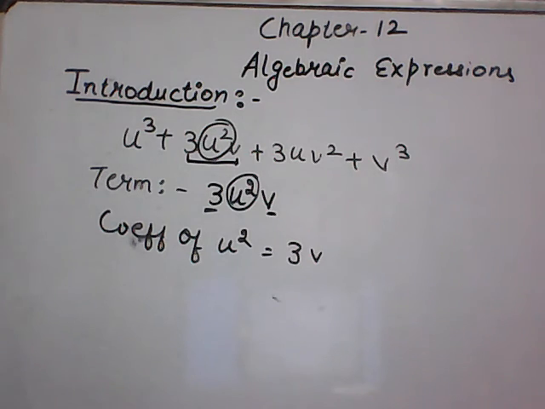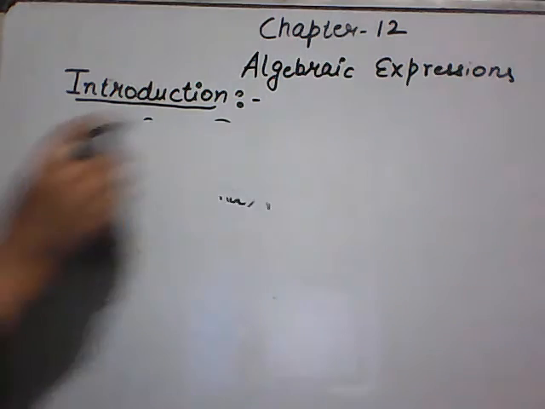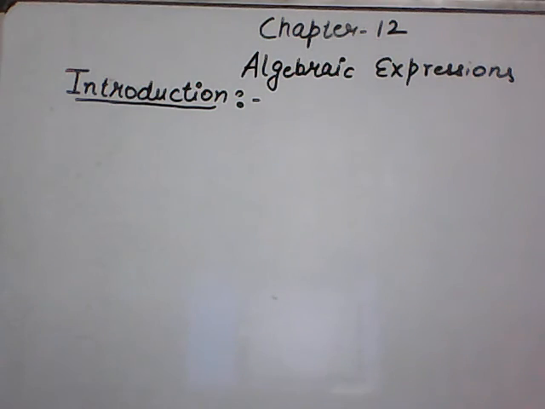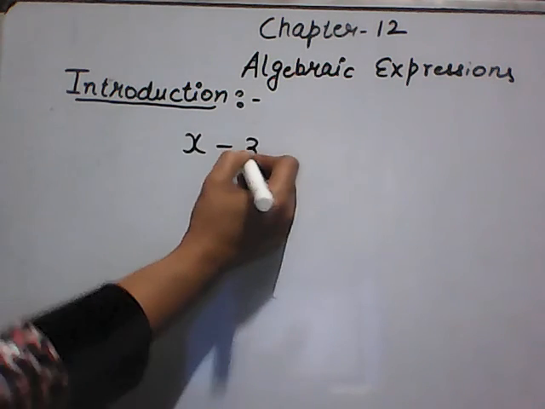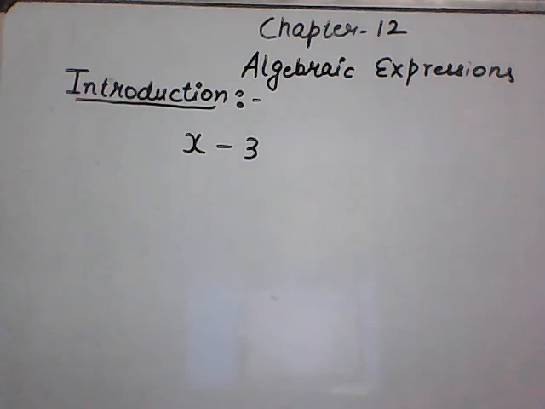In the next question some terms are given to you and you have to write down the factors by using a tree diagram. Suppose it is given to you x minus 3. You have to write down the terms and factors by tree diagram.